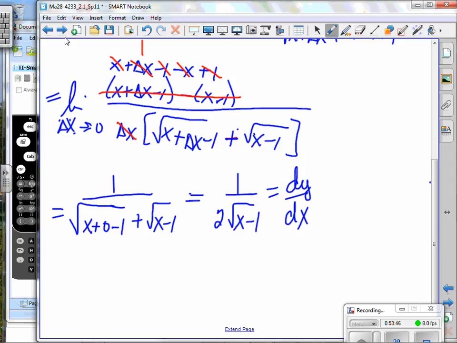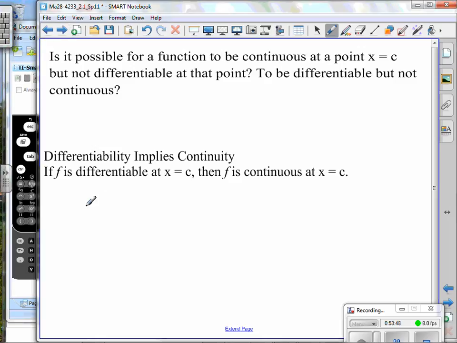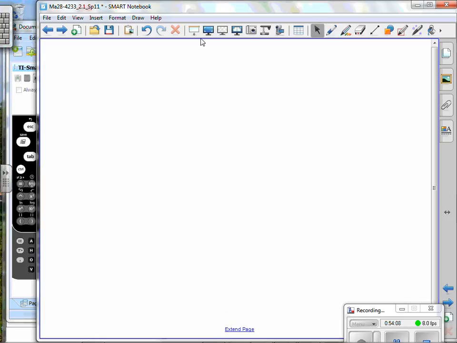and closer together. Okay. Is it possible for a function to be continuous at a point, but not differentiable at that point? Now, you talked about continuity. We talked about it in section 1.6. A function is continuous if 3 things happen. What are those 3 things? We'll just do a little review here.